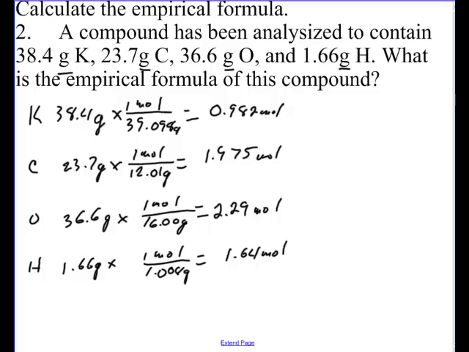What's next in our little phrase? Divide by small. So if you look here, you can see that potassium is the smallest one at 0.982. That equals 1. Carbon, 1.975 divided by 0.982, equals 2.